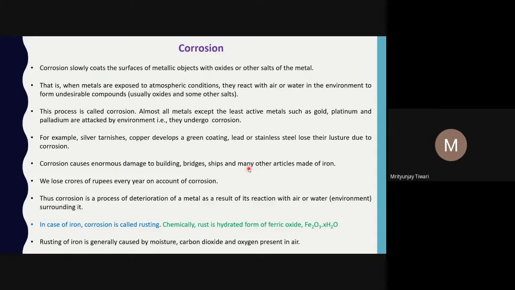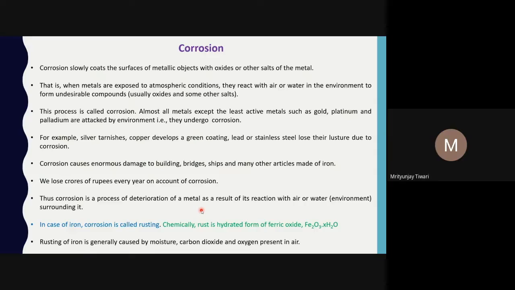So corrosion causes enormous damage to buildings, bridges, ships, and many other articles made of iron. And we lose crores of rupees every year on account of corrosion, and thus we don't want iron to be corroded.